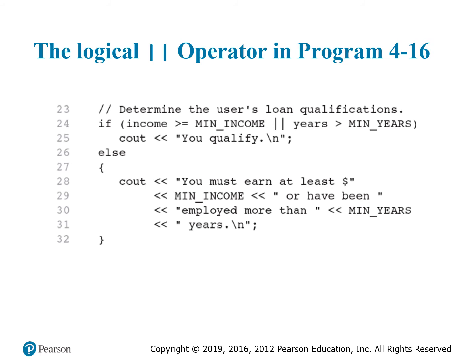Okay, so we check if income greater than or equal to minimum income, or years greater than minimum years. If either or both of those is true, then you qualify. Else, we say something else.